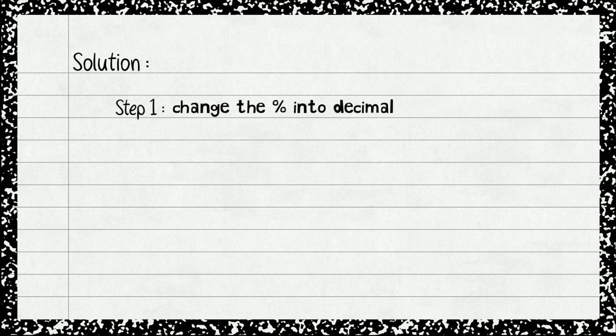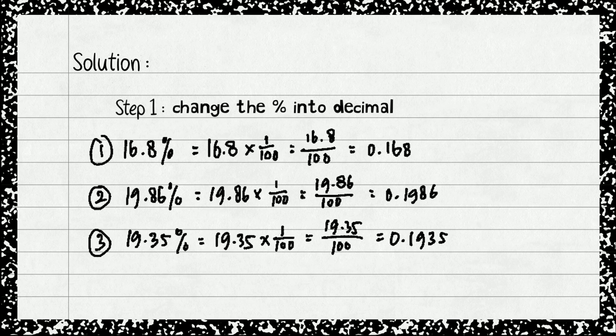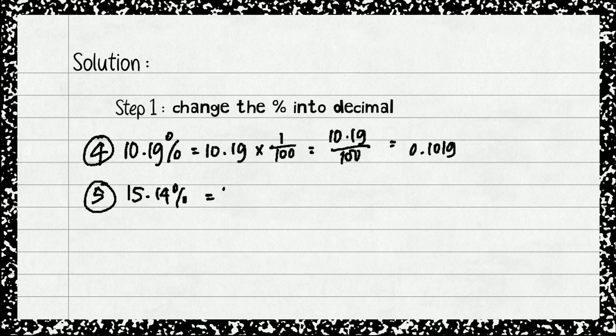Solution: Step 1. Change the percent into decimal. We will divide it by 100, so the results become 0.168, 0.1986, 0.1935, 0.1019, and 0.1514.